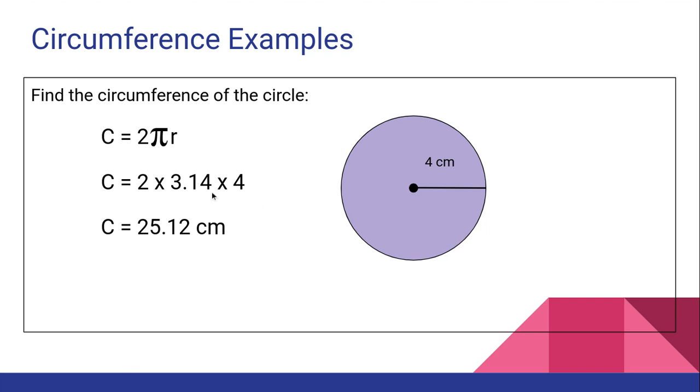That part's always going to be the same for a radius. This is the part that changes. So we were told that our radius is 4 centimeters. So we're going to do 2 times 3.14 times 4. And that gives us 25.12 centimeters.